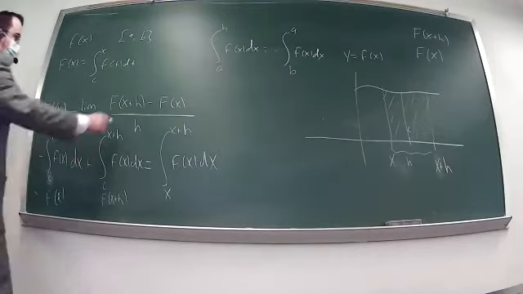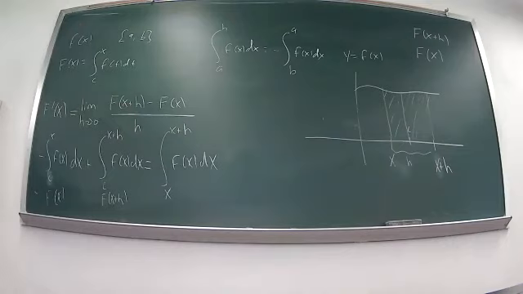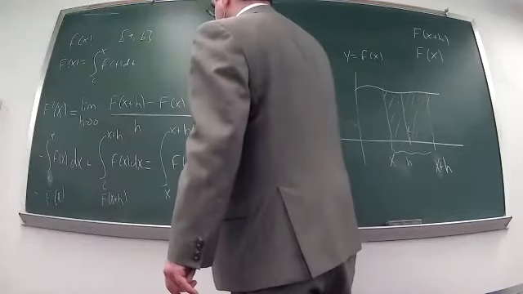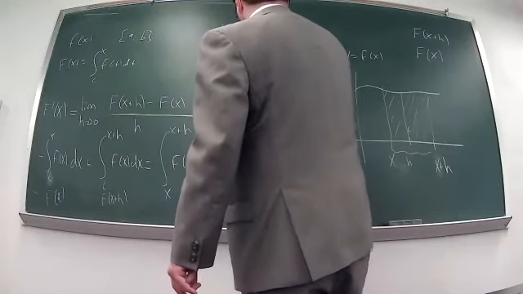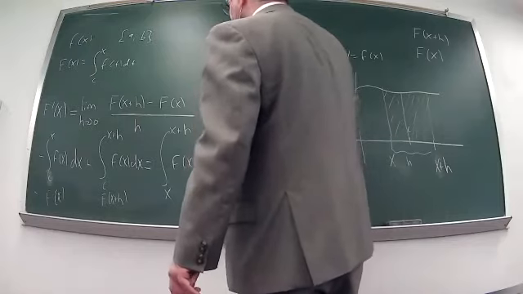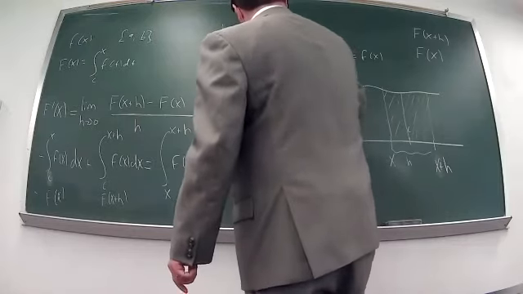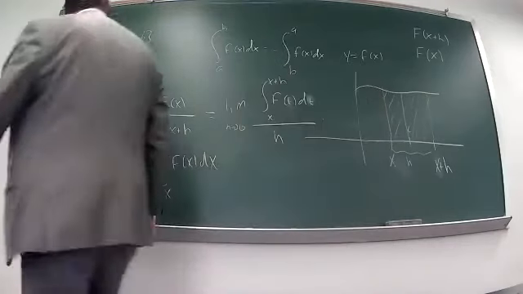So it's telling me that this numerator is actually equal to the integral from x to x plus h of f of t dt, over h.